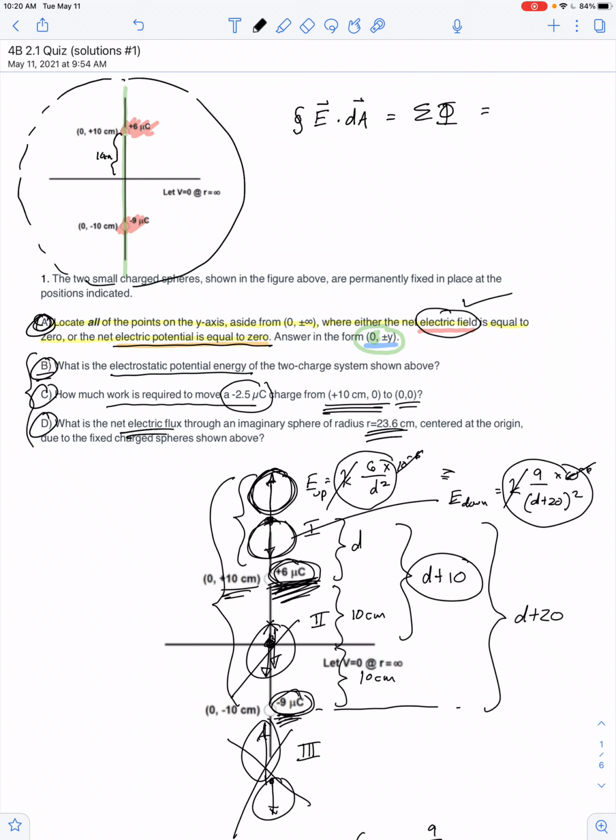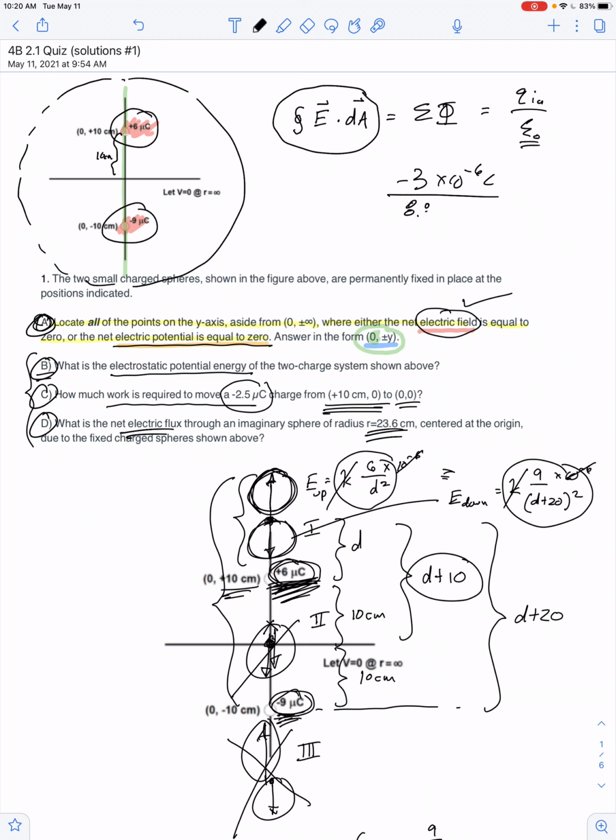The easy way to do it is to consider another thing that this is equal to. By Gauss's law, this is just equal to the amount of charge that lies inside of that surface divided by epsilon naught. The charge inside of the surface is a net charge of negative 3 microcoulombs. So negative 3 times 10 to the negative 6 coulombs divided by epsilon naught.